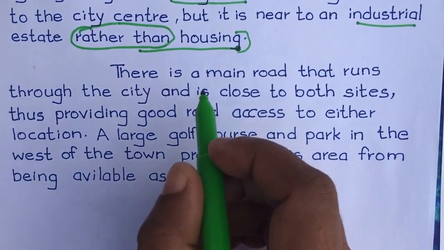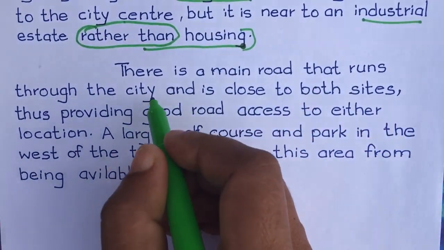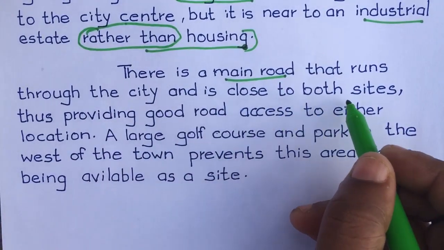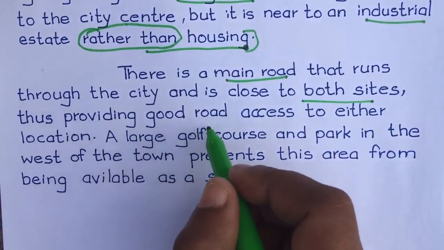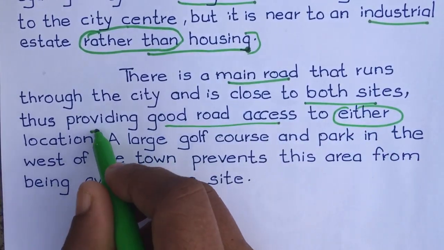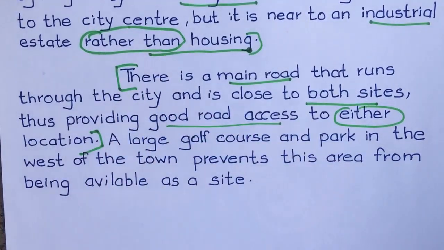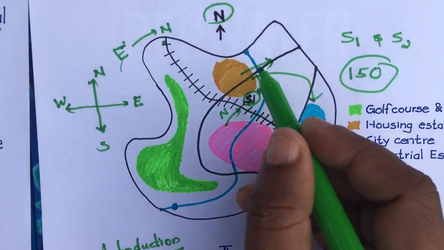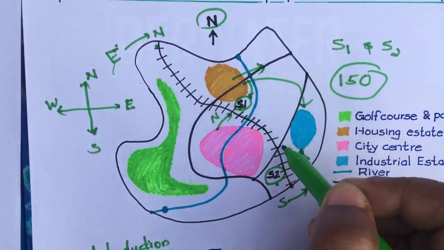Okay. And there is a main road that runs through the city and is close to both sides, thus providing good road access to either location. See, the major finding you can see over here. This is the railway line, right? This is our road that goes over here.